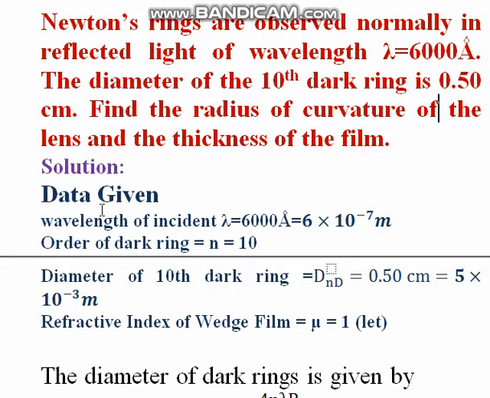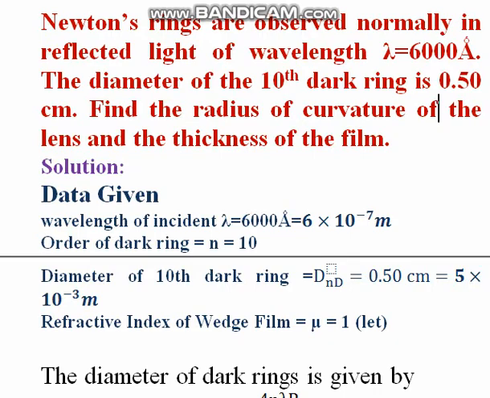The data given: the wavelength of light, the order of the dark ring n equal to 10, and the diameter of the 10th dark ring, 0.50 centimeter, or 5 times 10 to the minus 3 meter. The refractive index of the film is not given, so it is an air film, mu equal to 1.